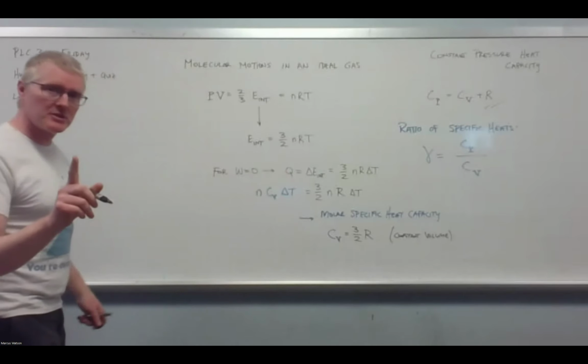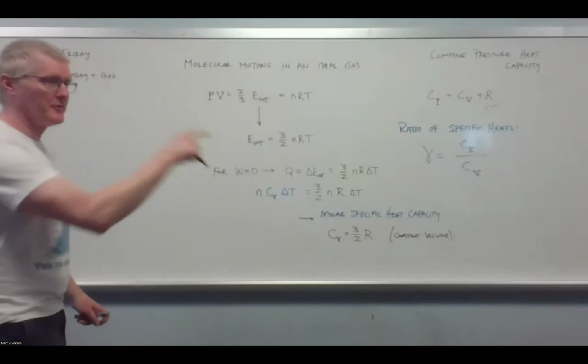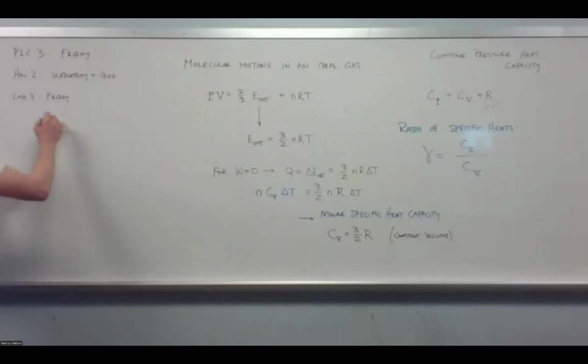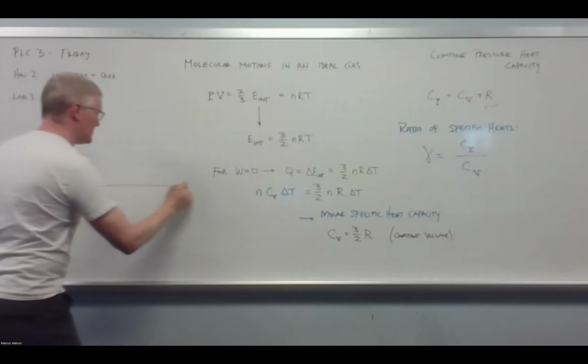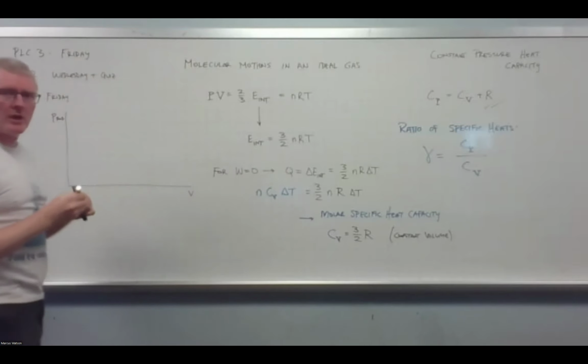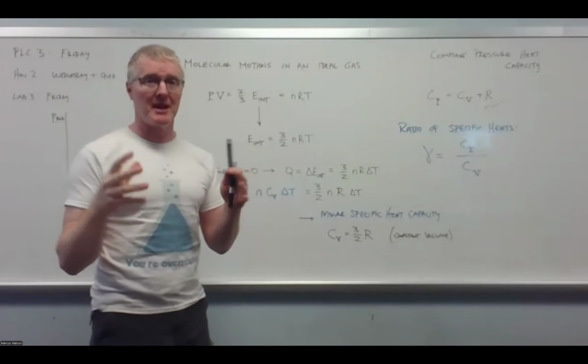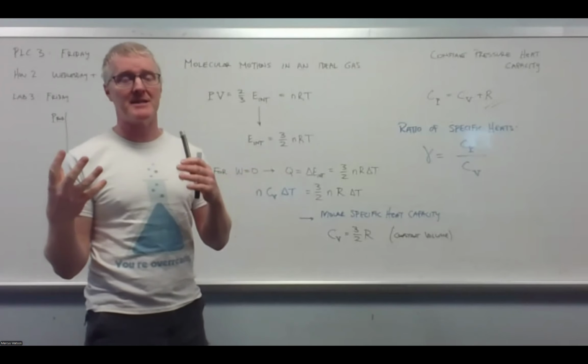So let me just say a word about that before I get into this other thing that I was going to do here. I was talking about the probability and speed. So we were talking about the Maxwell-Boltzmann distribution yesterday and the probability that something has a particular speed.